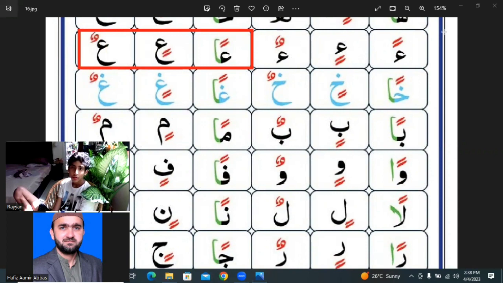This is an Ain letter. Ain. The first one, Ain has two fatha. Ain Fathatain an. Ain Kasratain in. Ain Dammatain un. An, in, un.